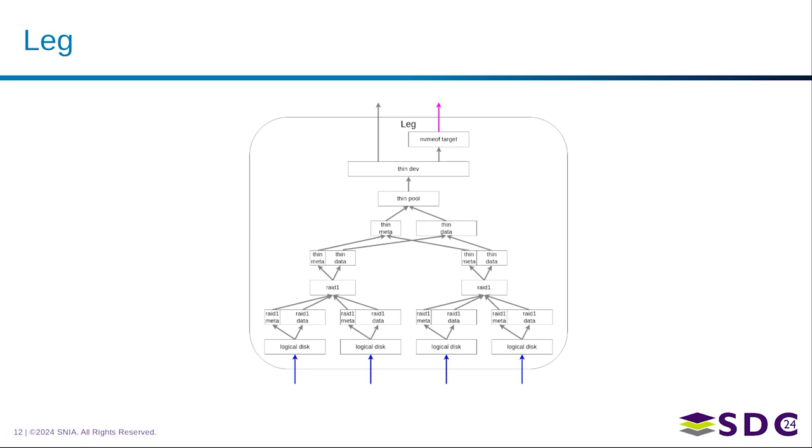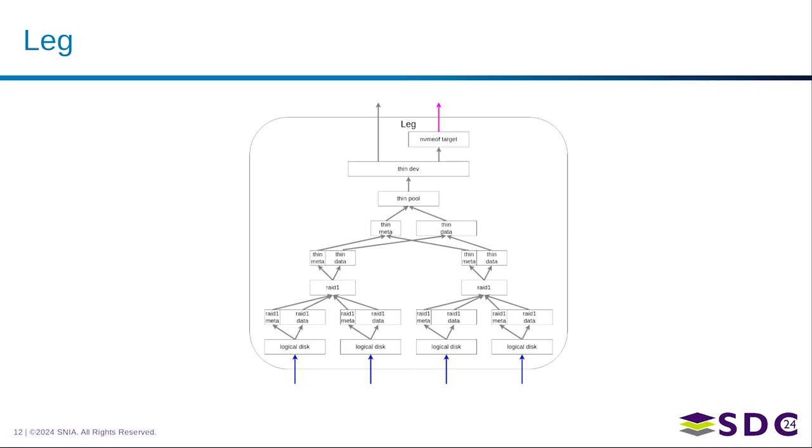Then we can create a thin-provision pool and then create a thin device and export the thin device to the host. So in this case, a thin pool is dedicated to a single virtual NVMe device. It's for that virtual device and all its snapshots.